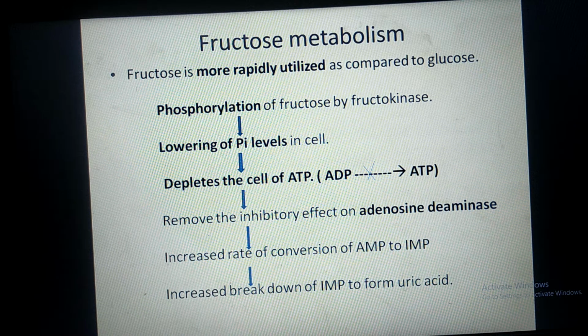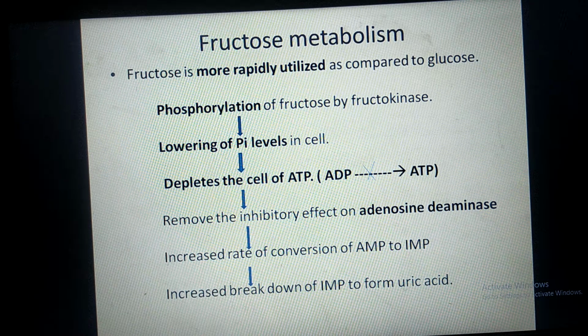Deficiency of ATP removes the inhibitory effect on the enzyme adenosine deaminase, which is the main enzyme in the breakdown of AMP. Therefore, more and more AMP is converted into inosine monophosphate, which later gets converted into uric acid, and hyperuricemia is the result.